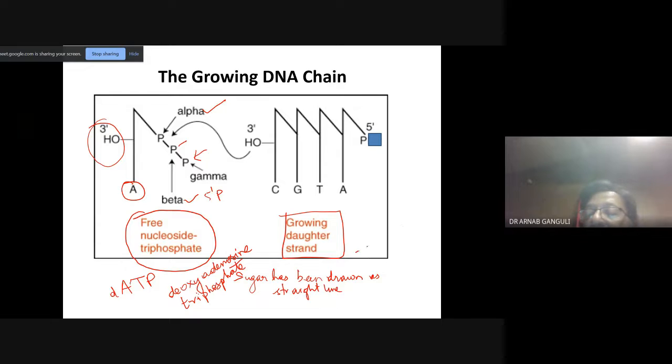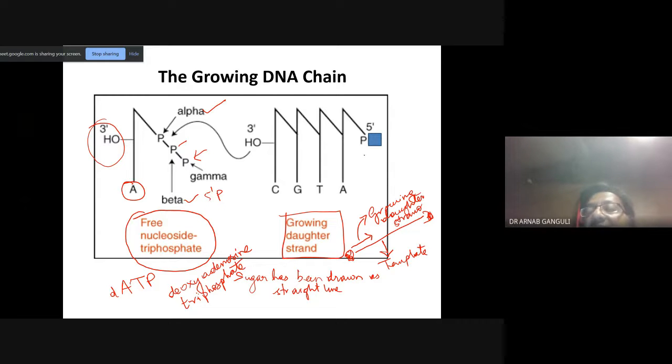So you have one strand of DNA in the 5' to 3' direction, and okay, forget about the direction. On top of this is another strand of DNA. This acts as a template for another strand of DNA. This is the growing daughter strand.